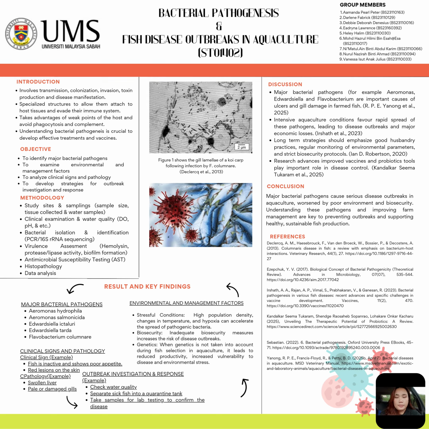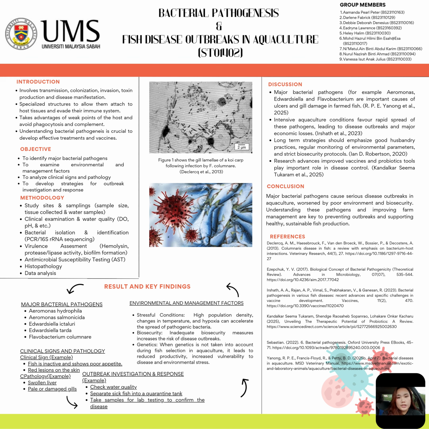So the first part is the major bacterial pathogens, which include Aeromonas hydrophila, Aeromonas salmonicida, Edwardsiella ictaluri, Edwardsiella tarda, and Flavobacterium columnare. As for the environmental and management factors, the first factor is stressful conditions. In stressful conditions such as high population density, changes in temperature, and hypoxia, it can accelerate the spread of pathogenic bacteria.